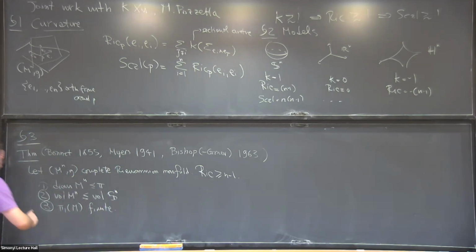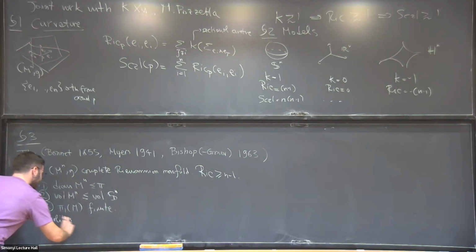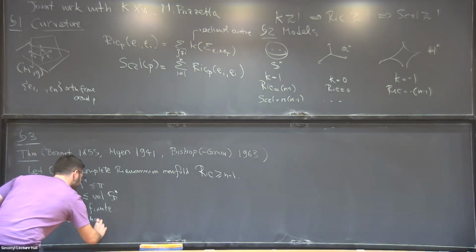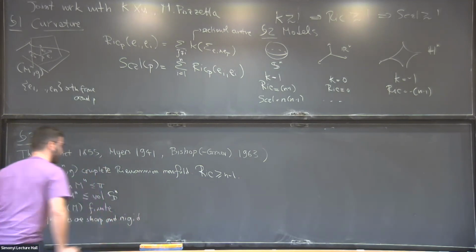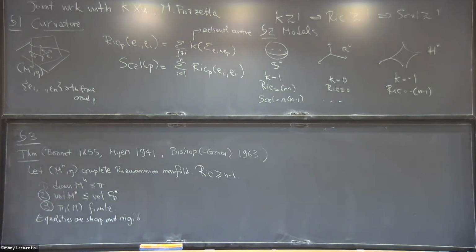And the inequalities are sharp and rigid. By rigid, I mean that if you have equality, then you are isometric to Sn. So this is the prototypical, if not the most classical, theorem in comparison geometry.